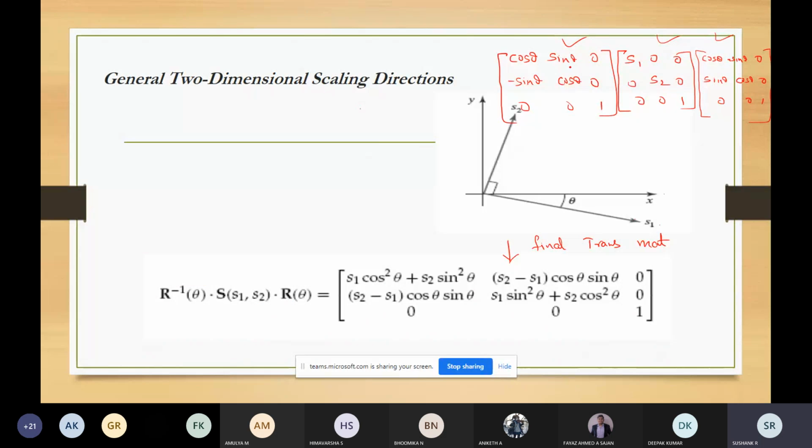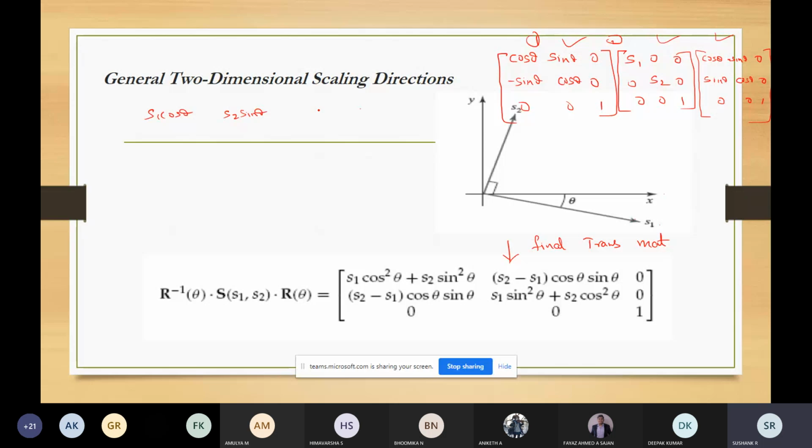First thing is cos theta into s1, plus 0, so you will get s1 cos theta. First I'll do the multiplication of these two, matrix 1 and matrix 2. The first line will be s1 cos theta, then 0 0. The second line will be s2 sin theta, and the other things will be 0.